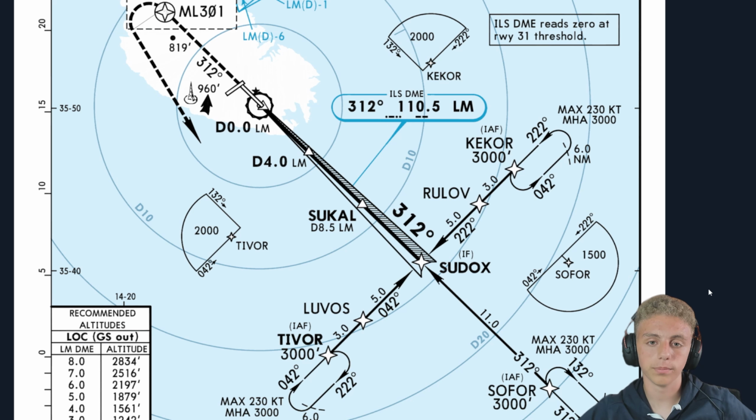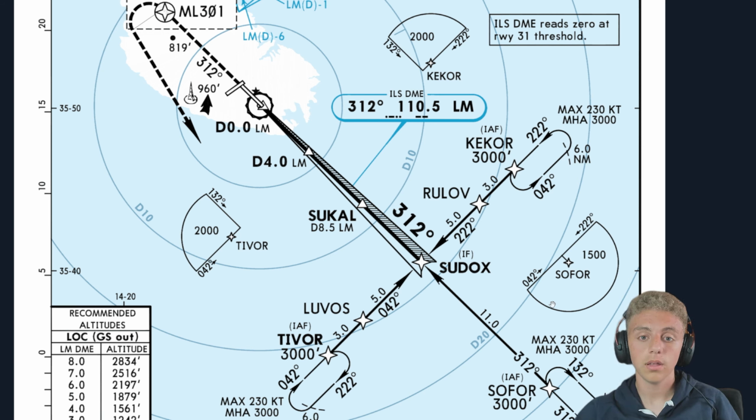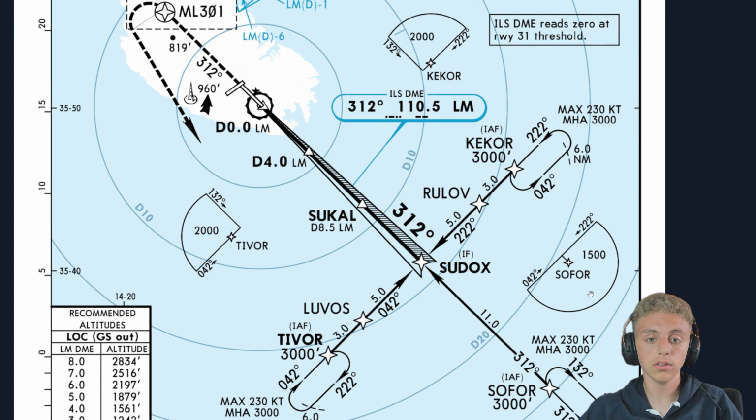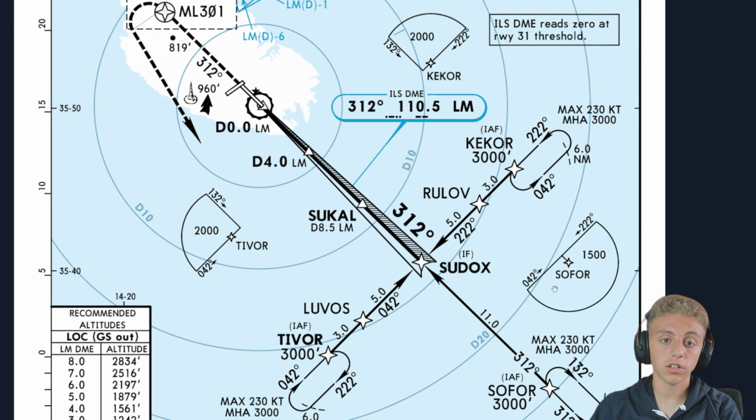Let's look at the Sofor one. There's 1,500 feet inside of the semicircle, indicating that you can descend to 1,500 feet, and you will have a minimum of 1,000 feet of separation from any obstacles on the ground. Now, these TAAs are part of the procedure.